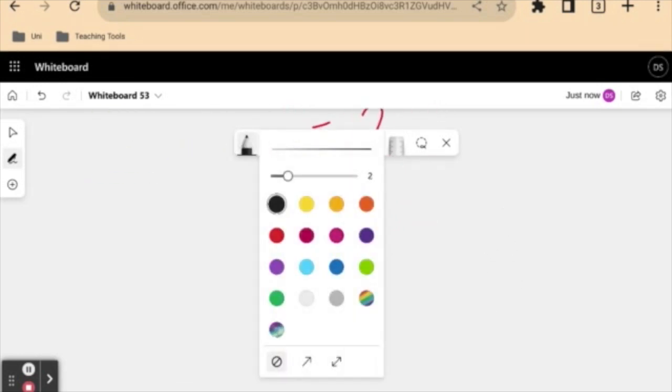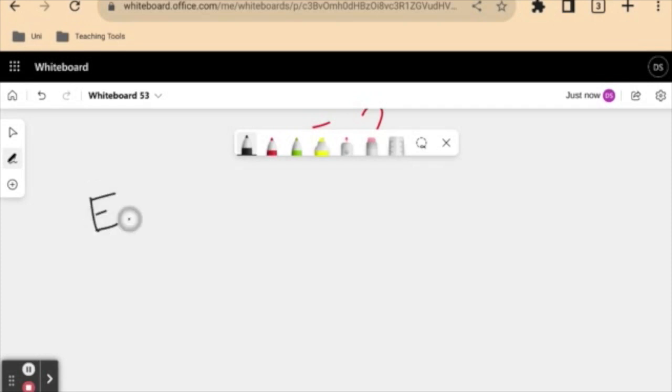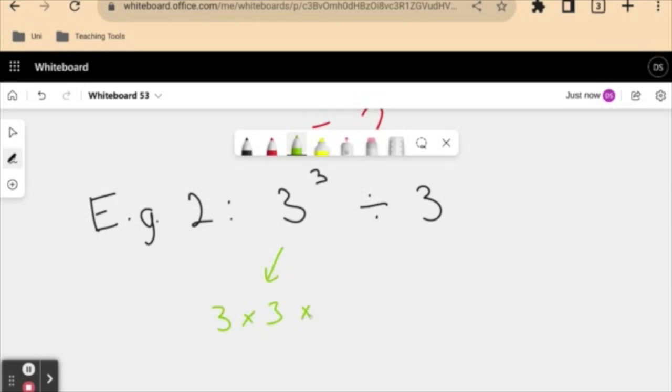Well, what if I were to take, let's say, 3 cubed divided by 3. All right, well, 3 cubed, this is like saying 3 times 3 times 3, and we just have a 3 here. So that's all good for the time being. But 3 multiplying by 3, we get 9.